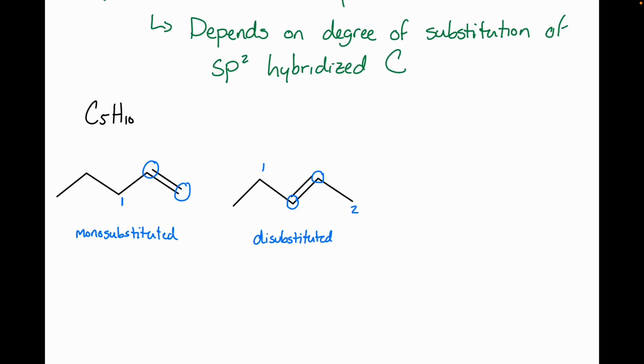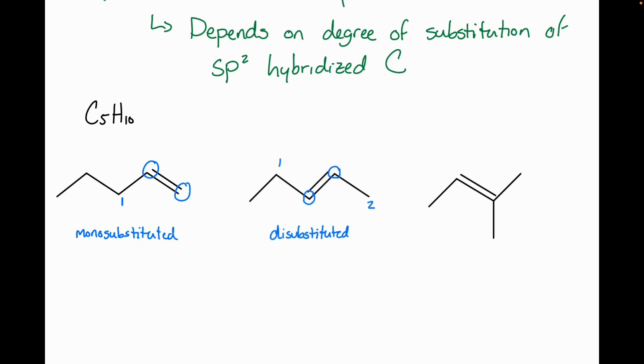All right, and then we can sort of rearrange. Another constitutional isomer here would be, if I picked up that methyl group and moved it, okay, and so this would be, if I look at my sp2 hybridized carbons, they have a total of 1, 2, 3 carbon neighbors.